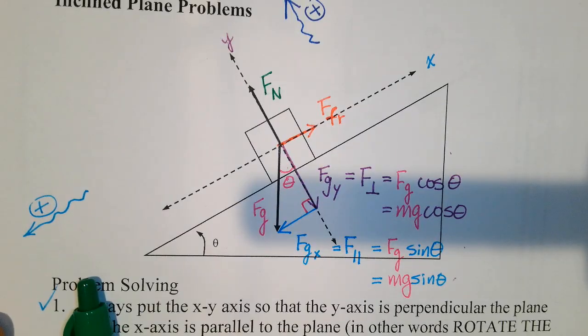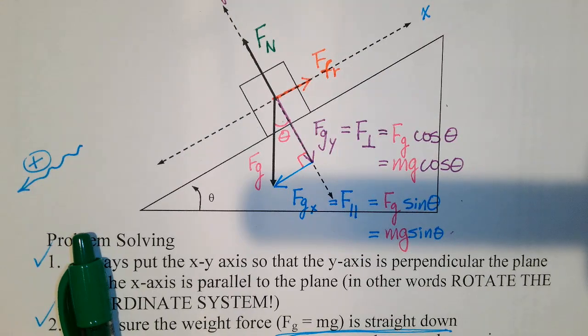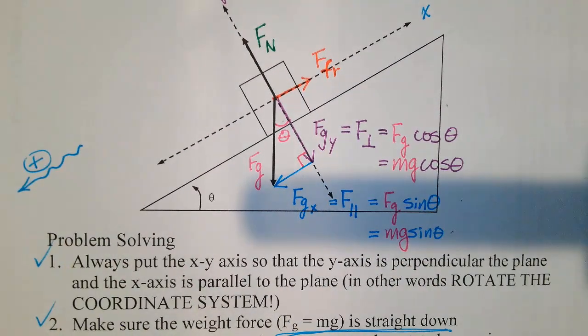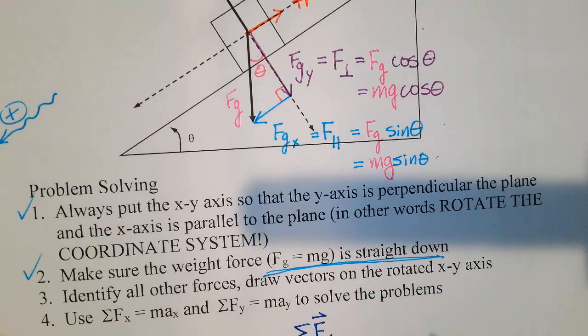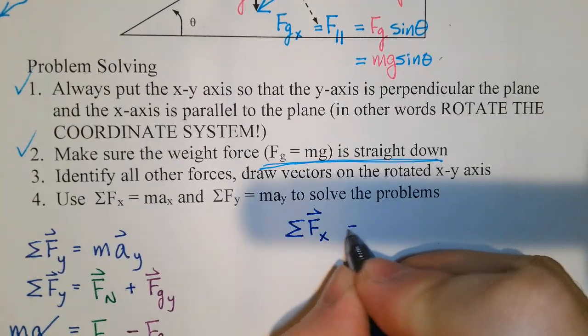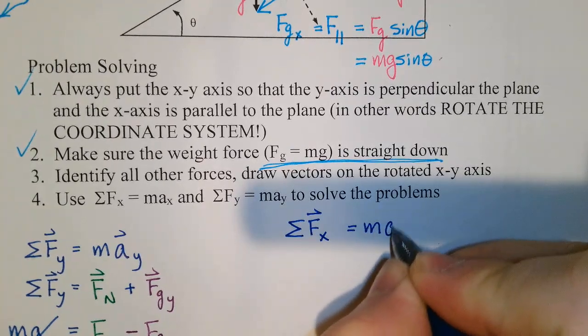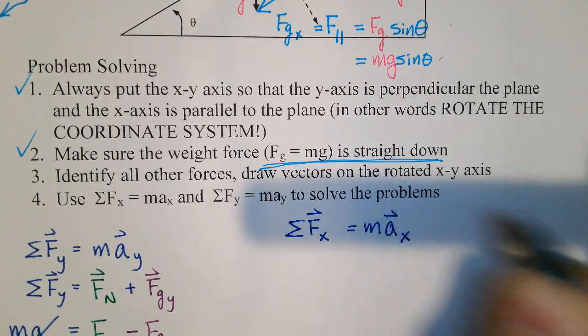Okay. Now, if we were to take a look at the sum of all forces in the x direction, the sum of all forces in the x direction is equal to m a x.